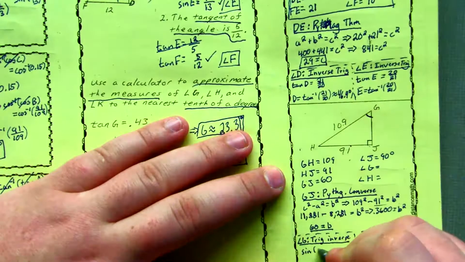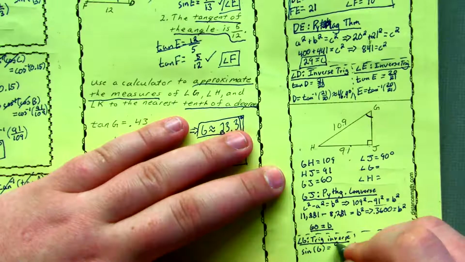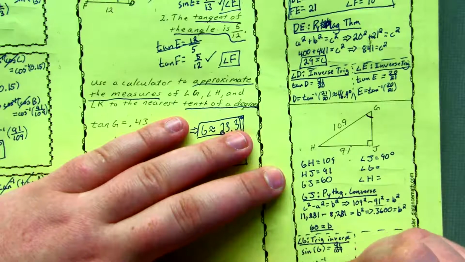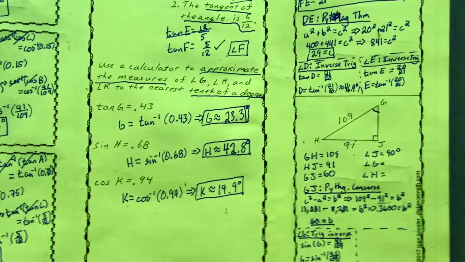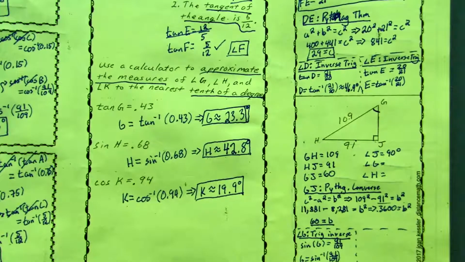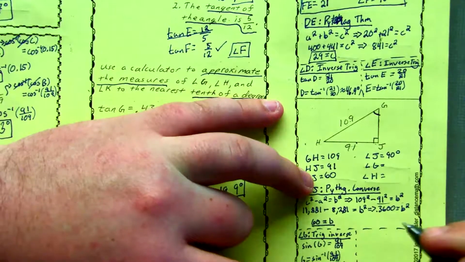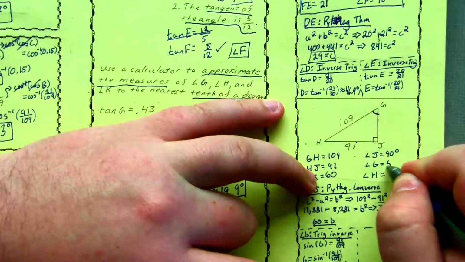So we're going to say sine of G equals 91 over 109, which means G equals inverse sine of 91 over 109, which is approximately 56.6. Exactly. Very nice. We can record that in angle G right up here.